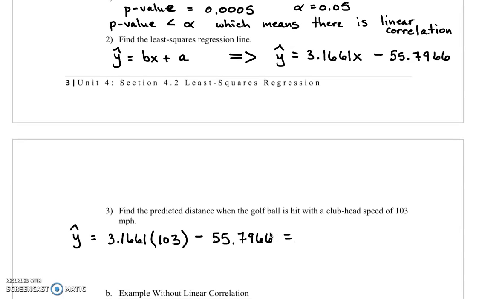When you put that in the calculator, we get a predicted value of 270.3117 yards.